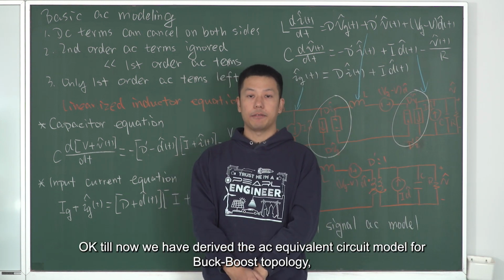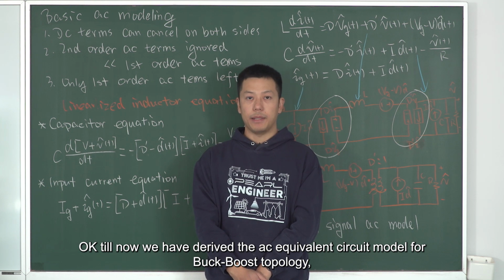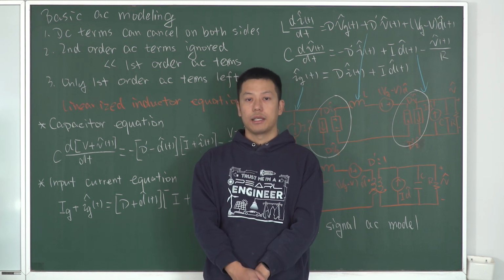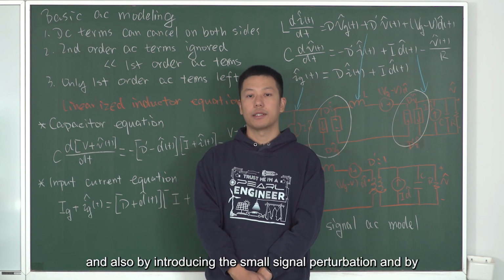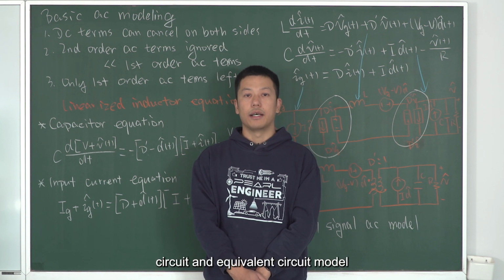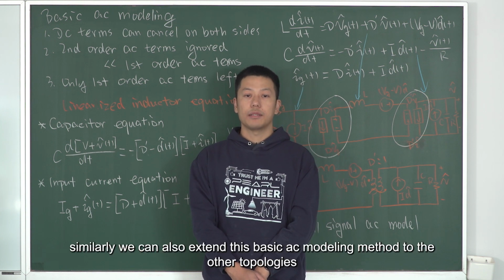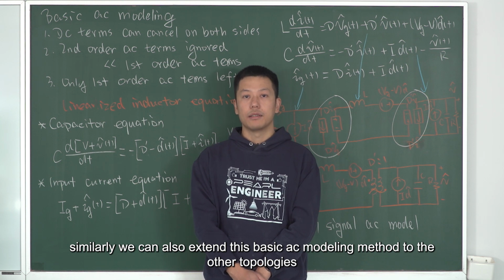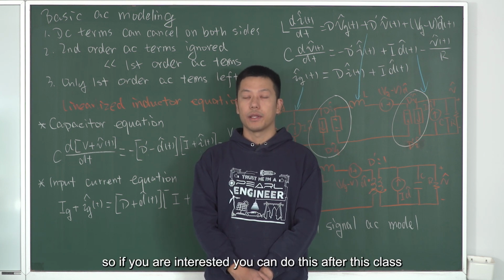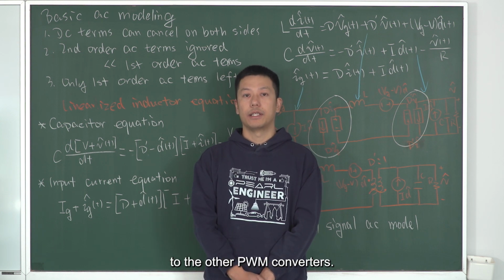We can understand that by doing the switching cycle averaging, and also by introducing the small signal perturbations and doing the linearization, we can obtain the corresponding equivalent circuit model. Similarly, we can also extend this basic AC modeling method to the other topologies. So if you are interested, you can do this after this class for the other pulse width modulated converters.